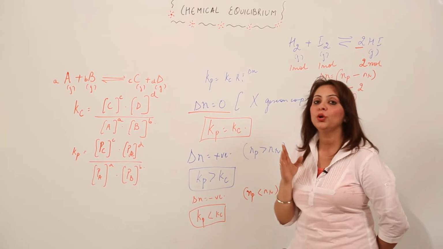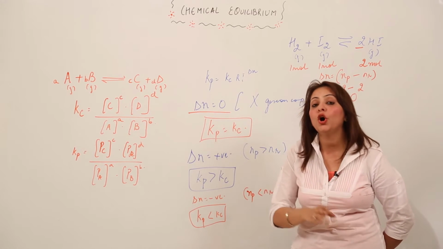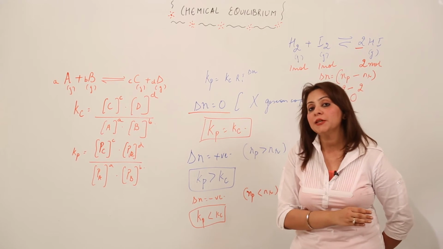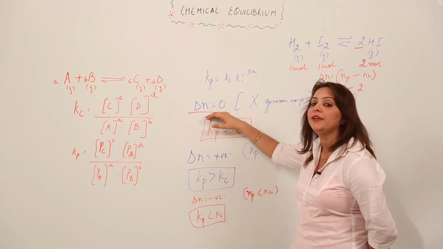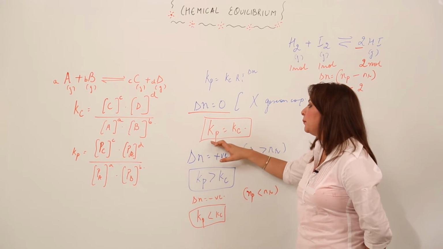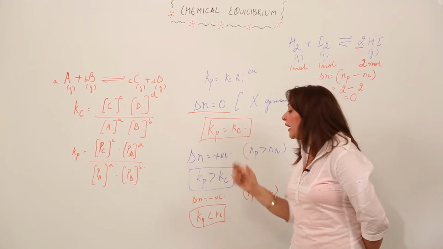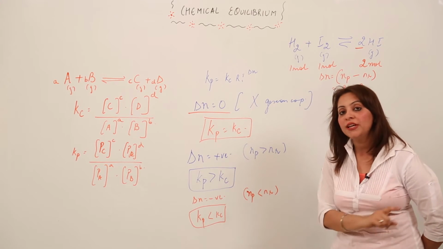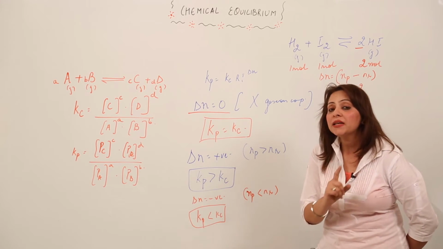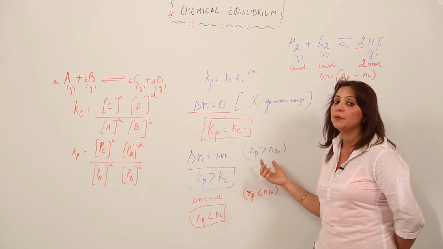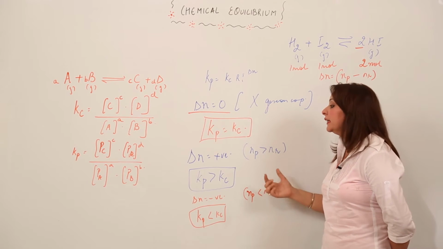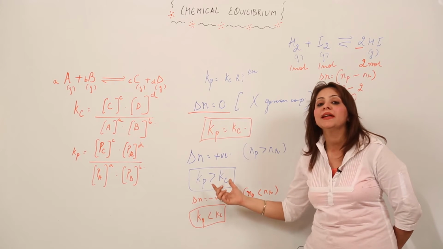So we have three conditions. If the reaction does not involve any gaseous component, or the number of moles of the reactant and product are the same, then delta N is going to be 0, and in this case Kp will be equal to Kc. If the reaction involves a gaseous component and the number of moles of product is more than the number of moles of reactant, then Kp is going to be greater than Kc.